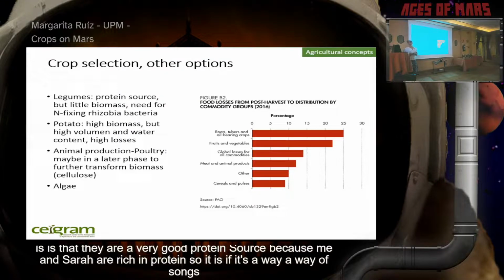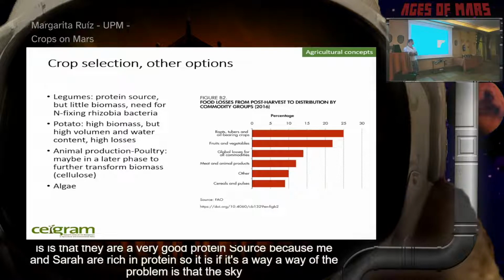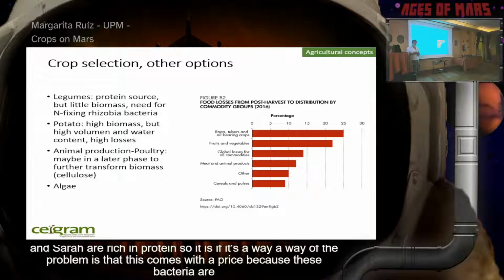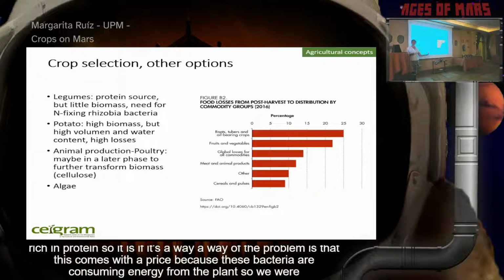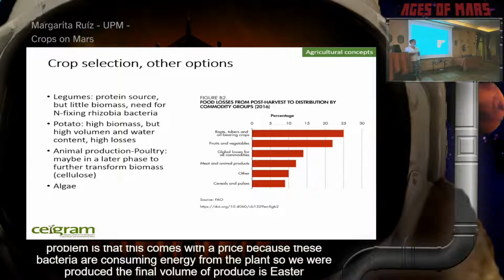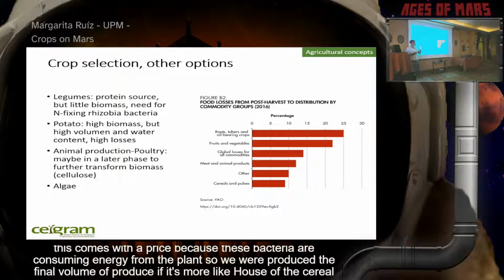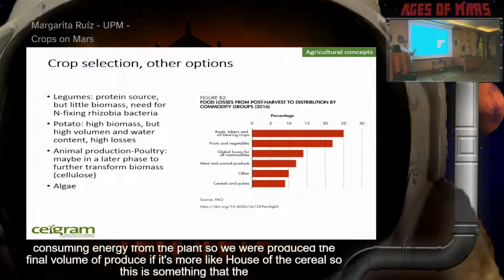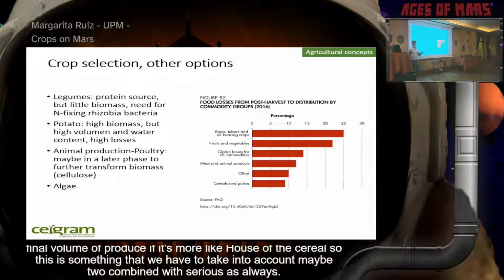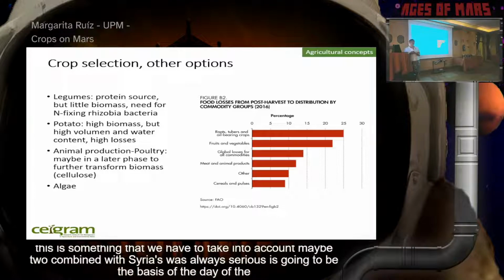But the problem is that this comes with a price, because these bacteria are consuming energy from the plant. So as a result, the final biomass produced is more or less half that of cereals. So this is something that we have to take into account, maybe to combine with cereals, but cereals are always going to be the basis of the nutrition.